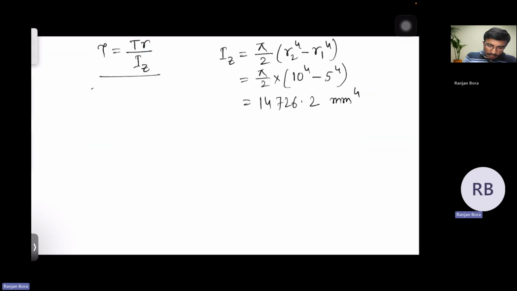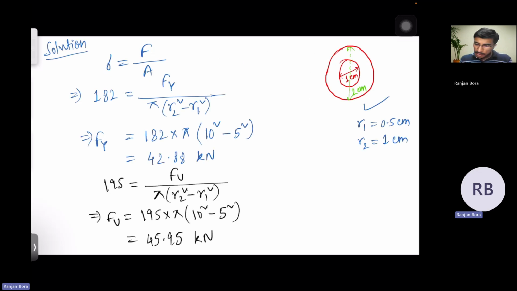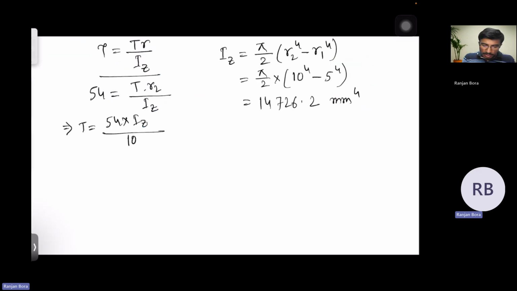So 54 equals torque multiplied by R, and we should take the outer radius R2, so T times R2 divided by Iz. From here, T equals 54 cross Iz divided by R2, which is 10.